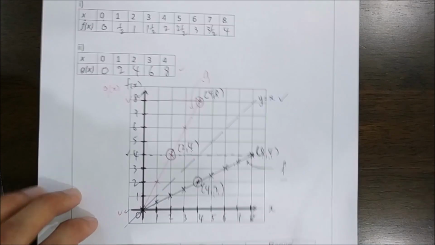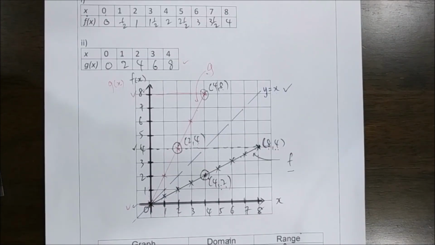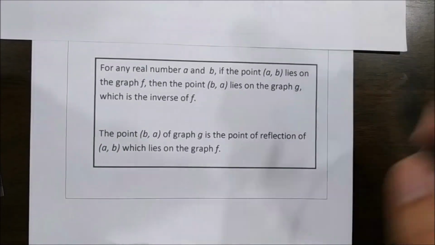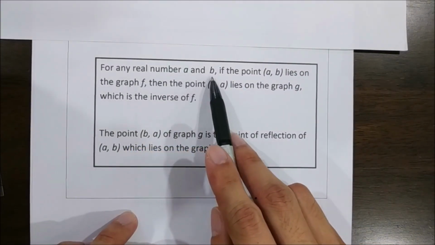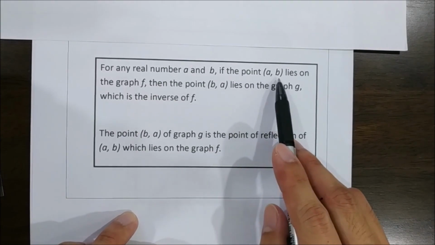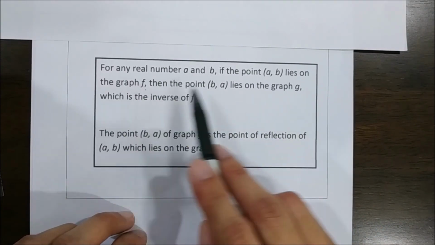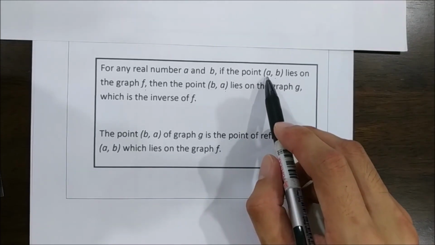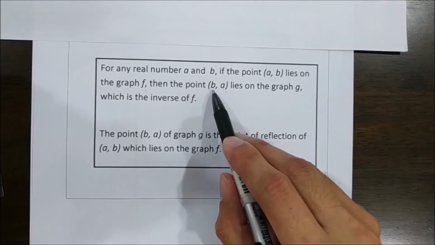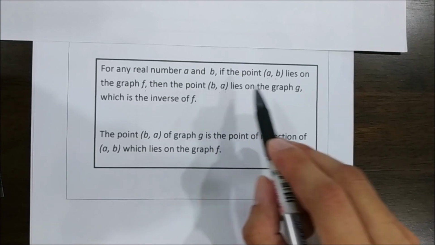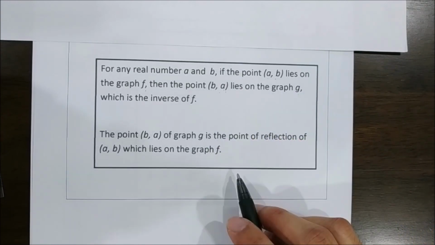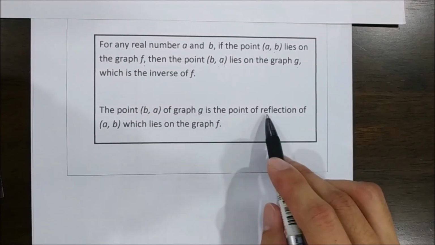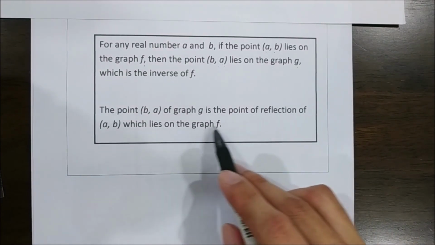From here, we go to the final conjecture, which states that for any real numbers a and b, if the point (a, b) lies on the graph of f, then the point (b, a) lies on the graph of g. Notice that the x coordinate and the y coordinate switched position, they flipped for the inverse function. So the point (b, a) of graph g is a reflection of (a, b), which lies on the graph of f.